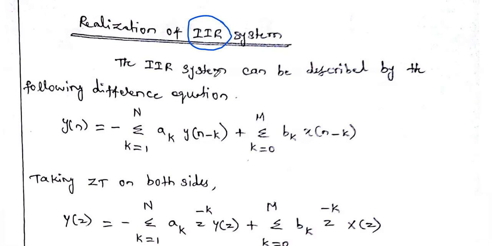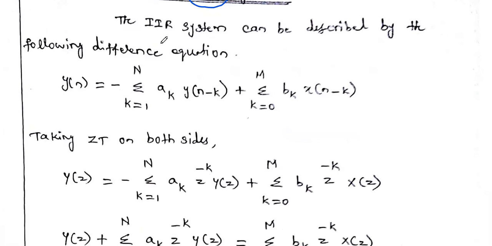First, the IIR system, the infinite impulse response system, can be described by the following difference equation. The discrete systems are described by difference equations. This is the general equation of an Nth order IIR system.